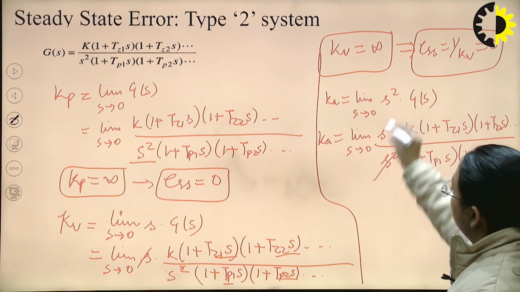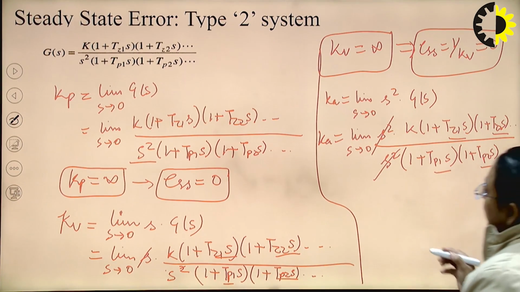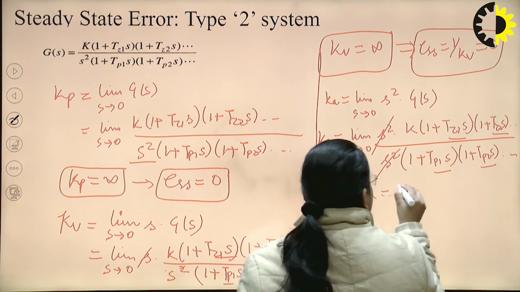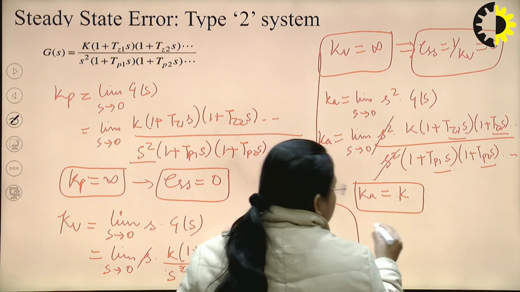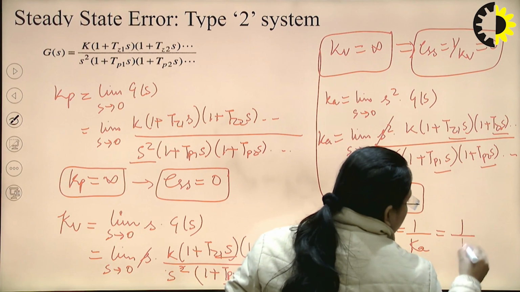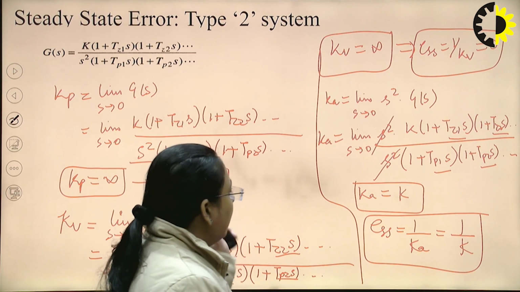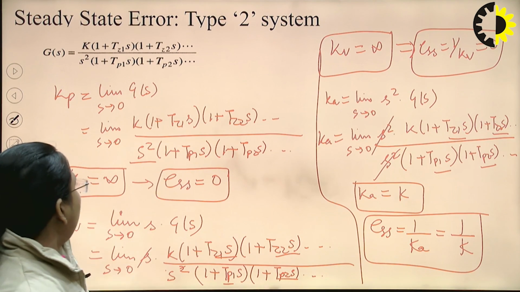So it becomes cancelled and all these terms will become 0. So Ka is equal to K. Similarly, the steady state error, 1 upon Ka, will become 1 upon K.